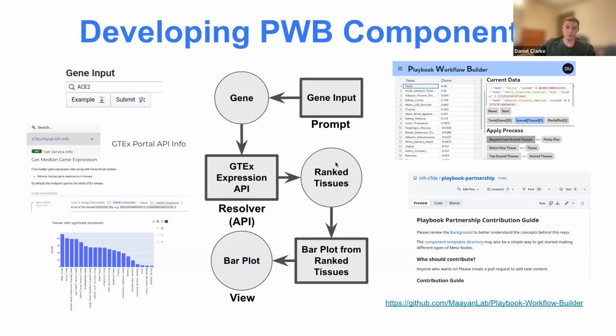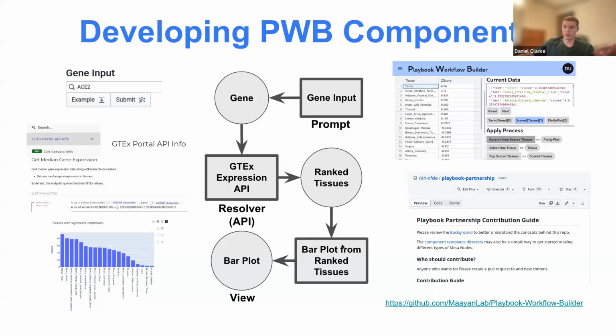Once you have, say, this ranked tissue, it's working in isolation to visualize this, like a table of the tissues on the left and the actual rankings or the scores on the right. And this can then be used as input for another metanode, or another component rather. And so that other component, for instance, might be construct a bar plot.